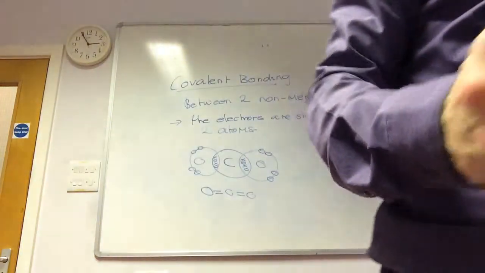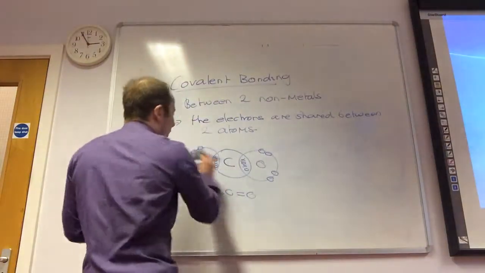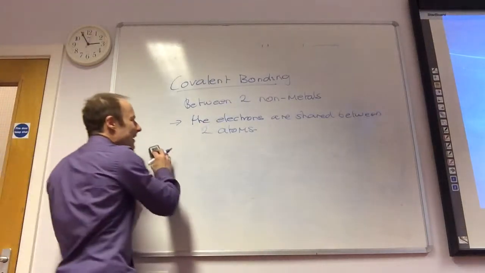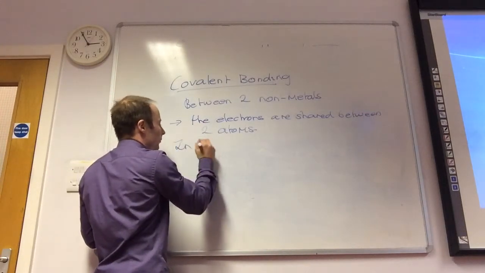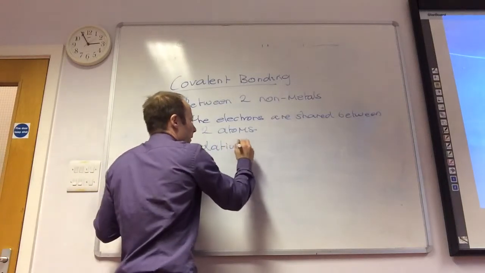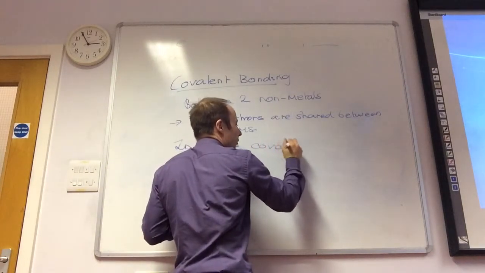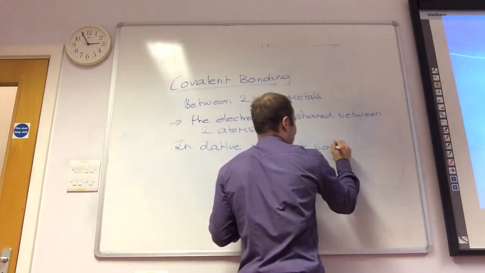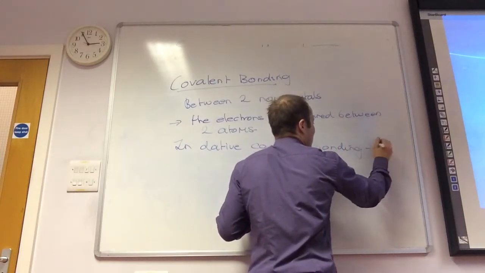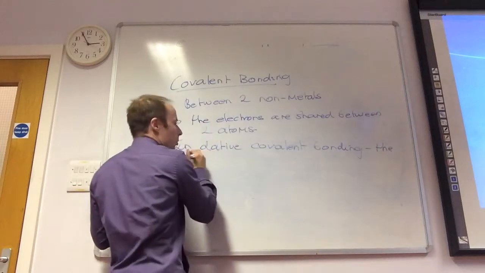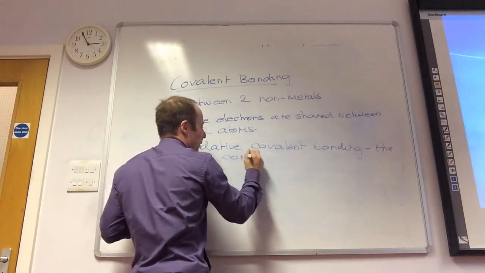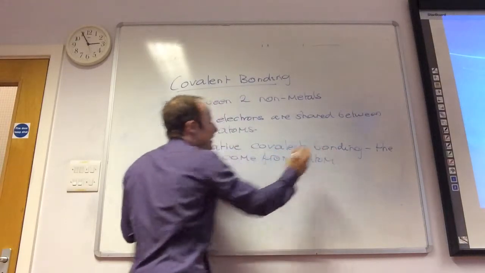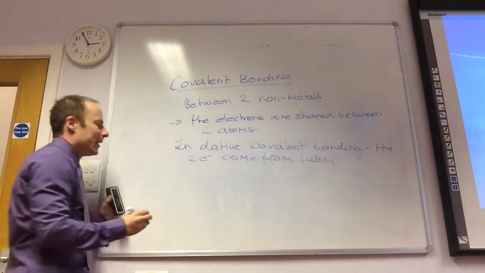So the other one is dative covalent bonding. In dative covalent bonding, the electron pair comes from one atom, and the other one is like an ion or something, you just join them. The two electrons come from one atom. So the simplest example would be ammonia.